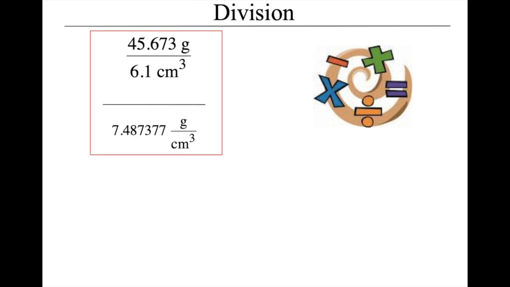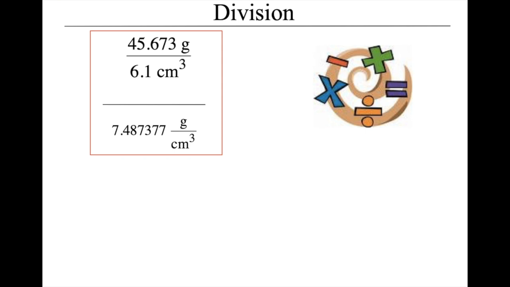Here's a division example. The measurement here is 45.673 grams divided by 6.1 centimeters cubed. This is very similar to a density type of calculation that we might have made earlier. And when we divide that out, wow, look at all the digits we come up with.